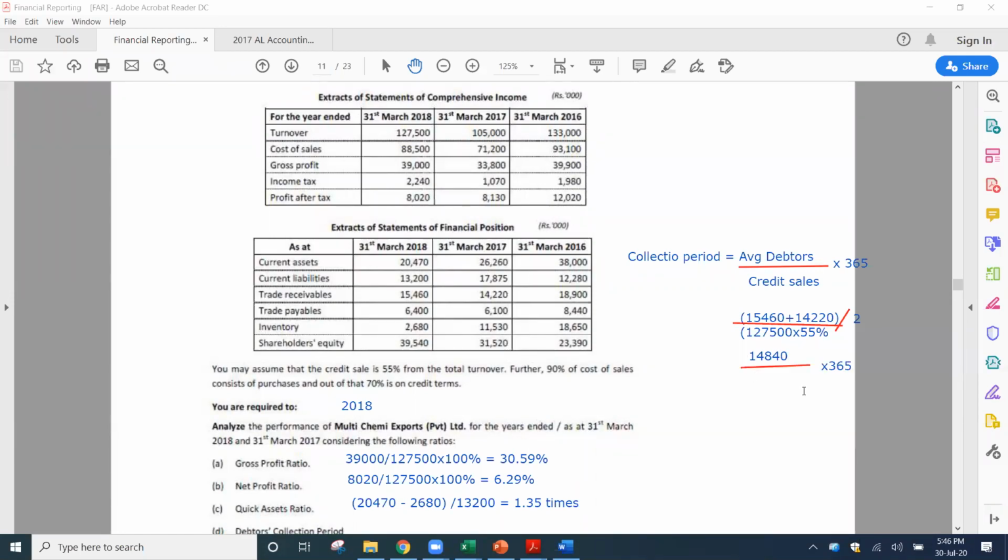And credit sales is 127,500 into 0.55, 70,125. Now if you calculate, 14,840 divided by 70,125 into 365, 77 days. So it takes 77 days to collect money from the debtors.